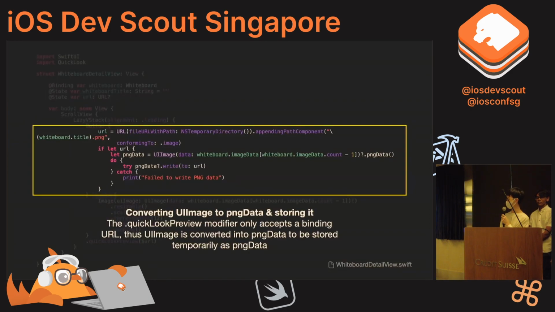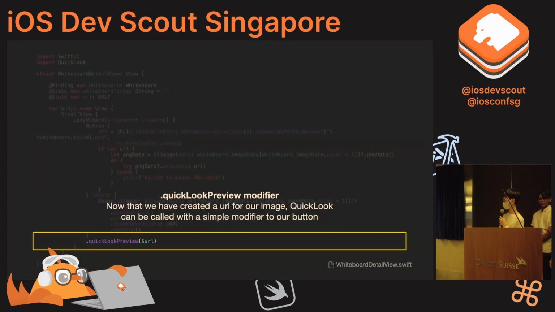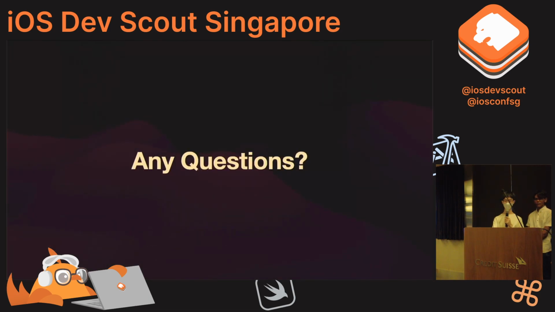So how we fixed it was we converted the data into a UIImage, then converted the UIImage into PNG data, and then we put that into a temporary directory. So that's a URL which we then use as a binding in our Quicklook. So it's quite complicated, and there's probably a better way of doing it, but yeah.